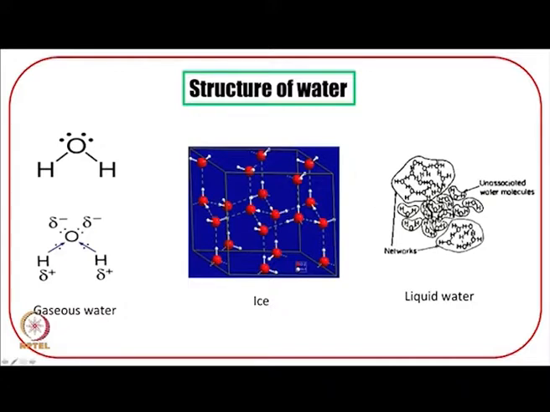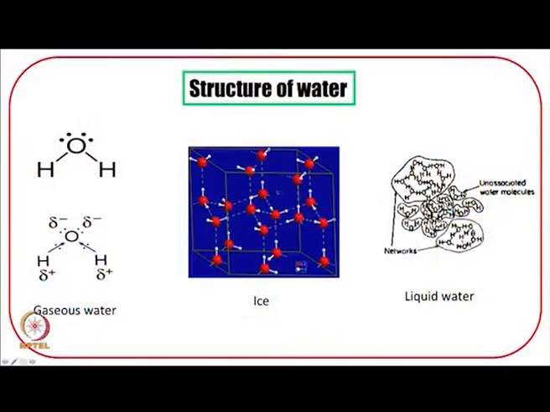Obviously, the volume here is different than the unassociated water molecule. That means the volume of ice is different than the volume of liquid water, and we have been taught even in school that the density of ice is different than the density of liquid water. Density of ice is less. That is because the water molecules are far apart through hydrogen bonding.